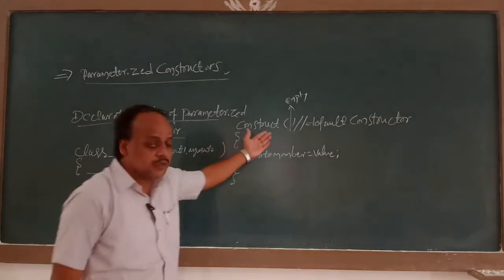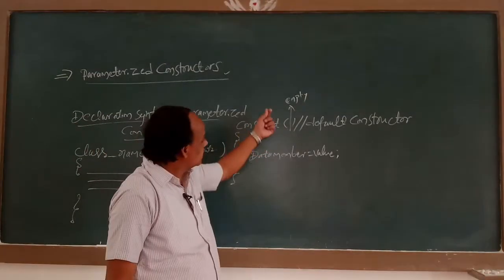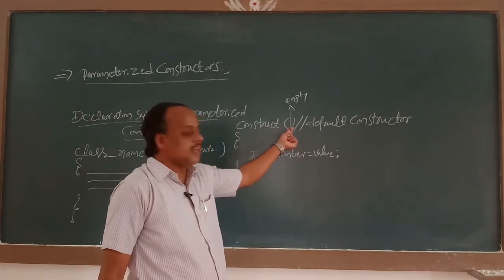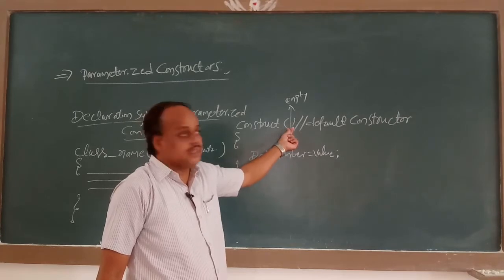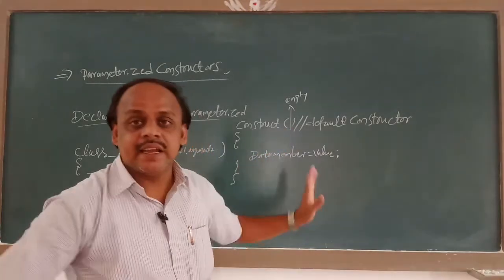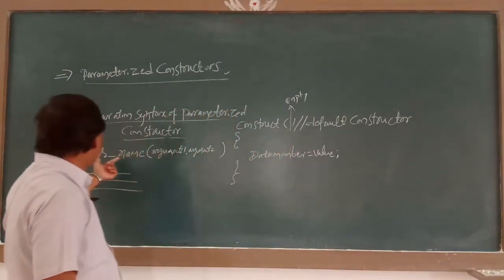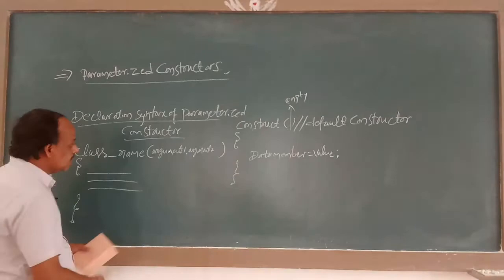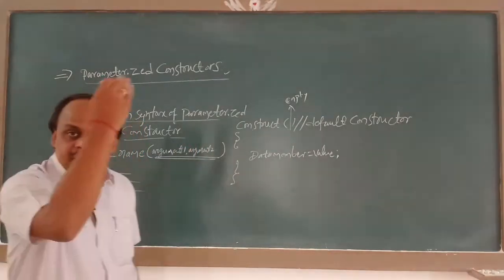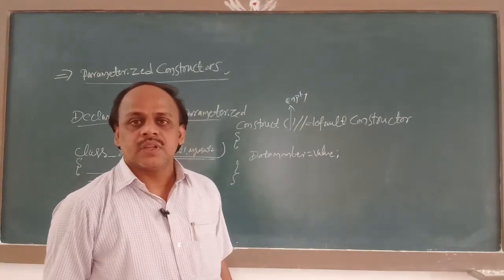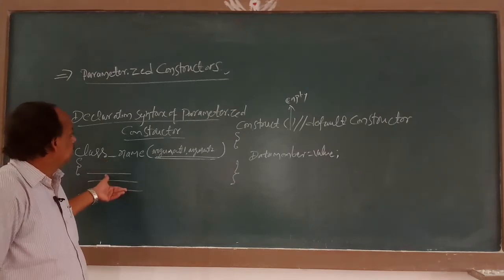Compared to the default constructor, what is the difference here? The default constructor is without arguments; it doesn't contain an argument list. This is empty, see here. Whereas the parameterized constructor must contain an argument list or parameter list, and it may contain a body of the constructor.